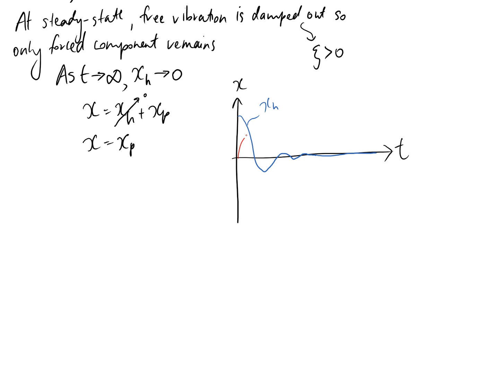We would expect this to vibrate back and forth forever. Okay, so that's XP. So you can see that as time goes to infinity, XH basically becomes 0. That's what it's supposed to be, because it's been damped out, and all that remains is XP. So basically we have steady state here, and you can see that the dominant part here is XP. So that's why we can say that.